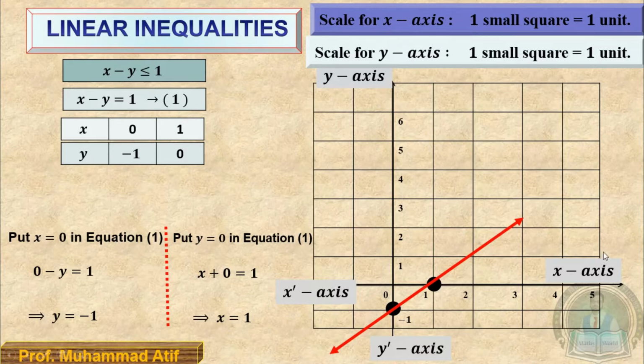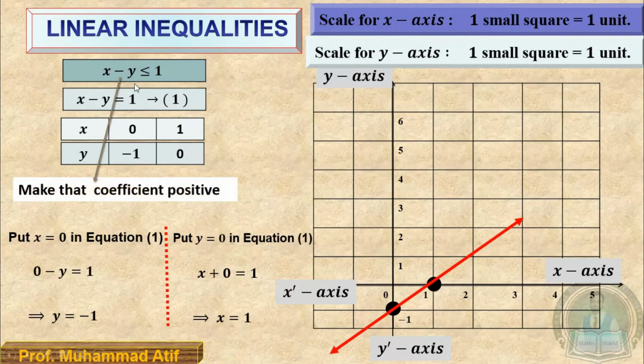In order to shade the region, again just remember the rule. The coefficient of y should be positive, but here we have a negative coefficient of y. In order to make it positive, we multiply this inequality by negative. When we multiply an inequality by a negative, the less than or equal to sign becomes greater than or equal to, and the greater than or equal to sign becomes less than or equal to. So this less than or equal to sign becomes greater than or equal to in order to make the coefficient of y positive.